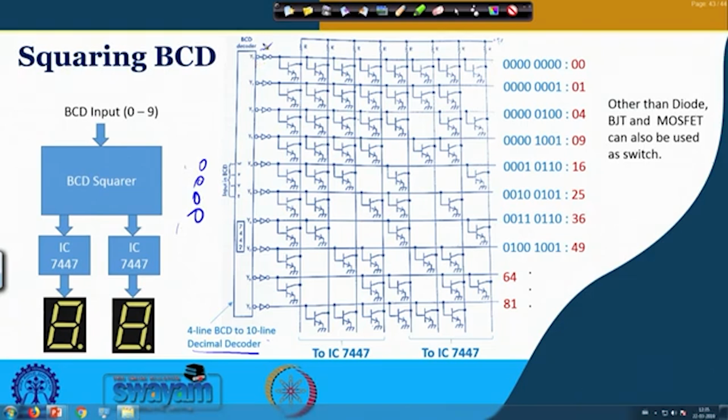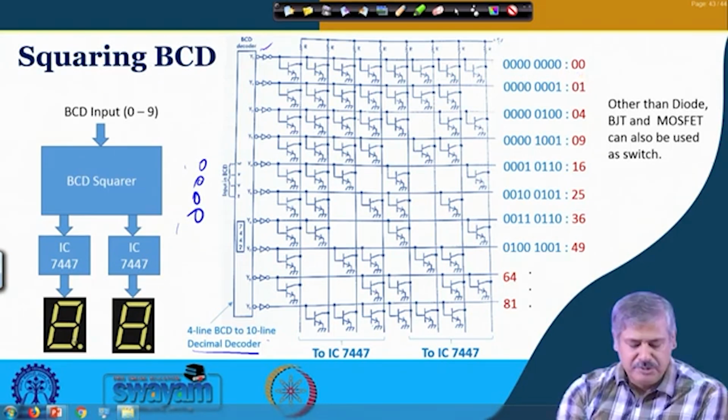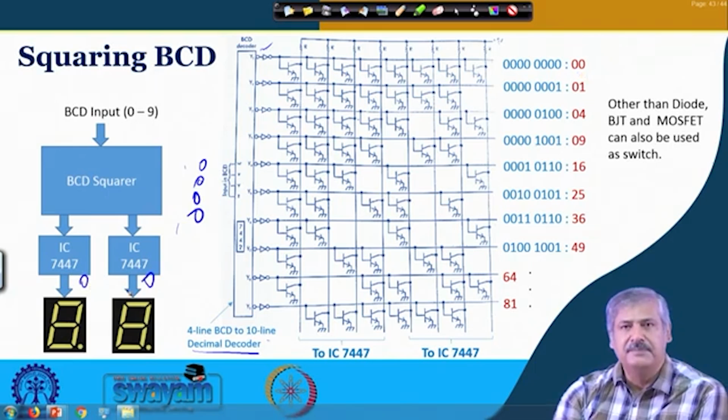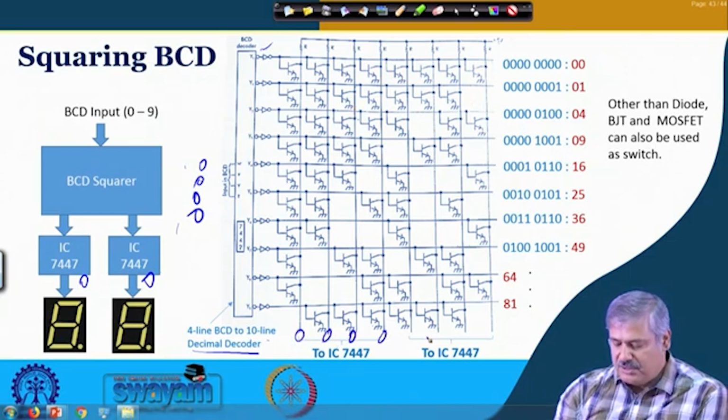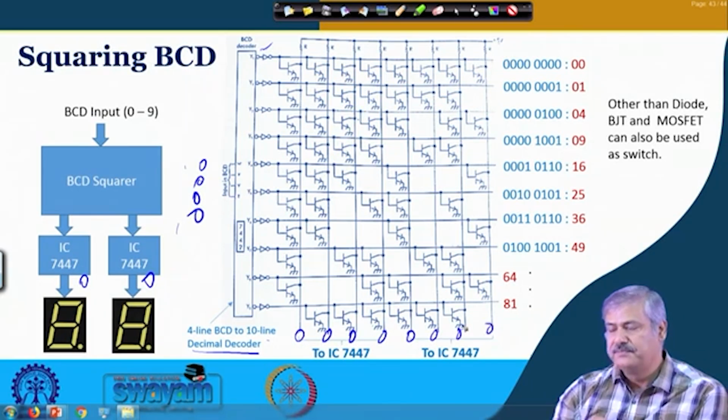At that time what we want at the output is 0, 0 for both digits: this 4 bit should be 0, 0, 0, 0 and this 4 bit should be 0, 0, 0, 0.